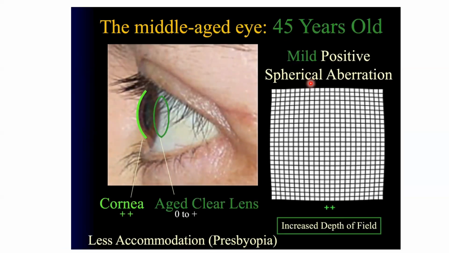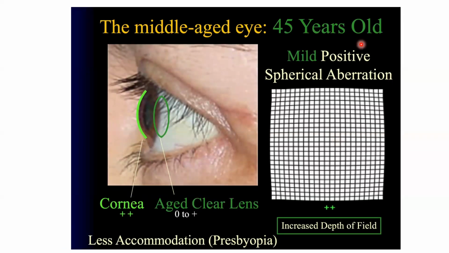In a presbyopic patient, the cornea still has the same plus 0.28 spherical aberration, but now because of the aged clear lens, due to the change in the natural human lens, the spherical aberration has tended towards zero and starts becoming slightly positive.